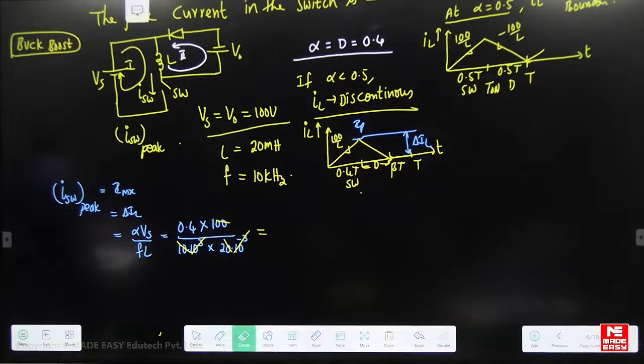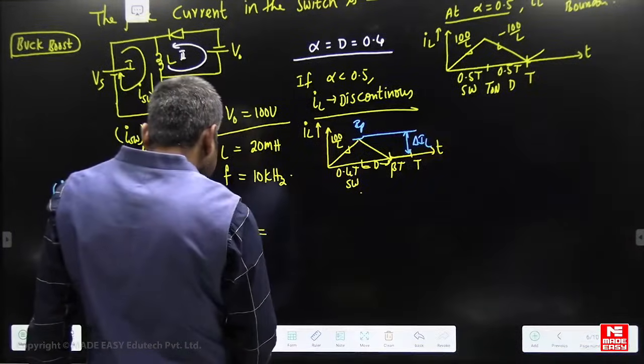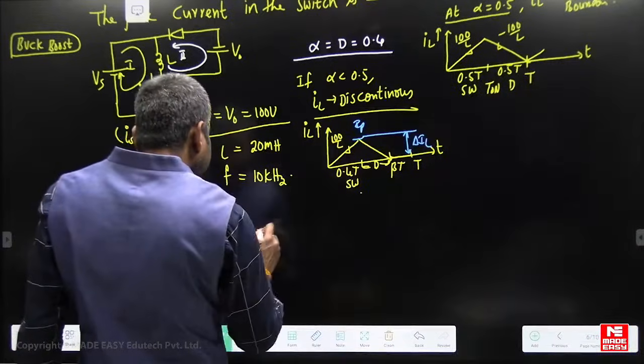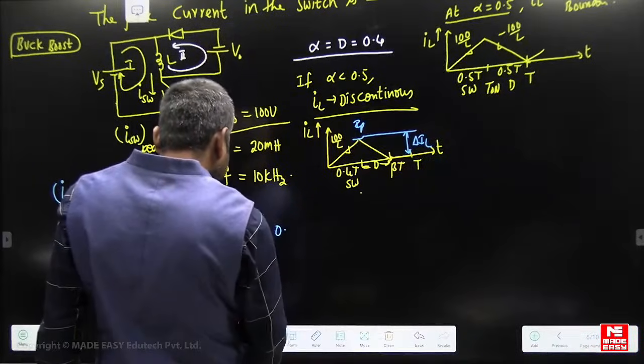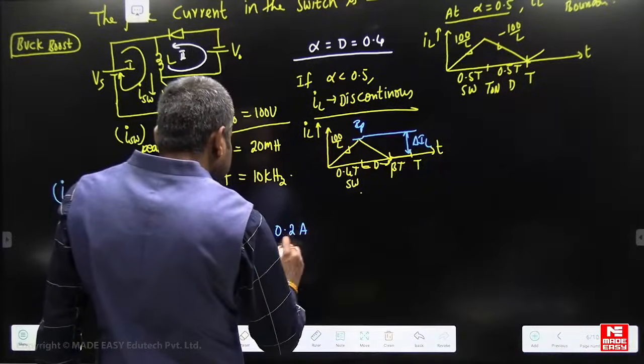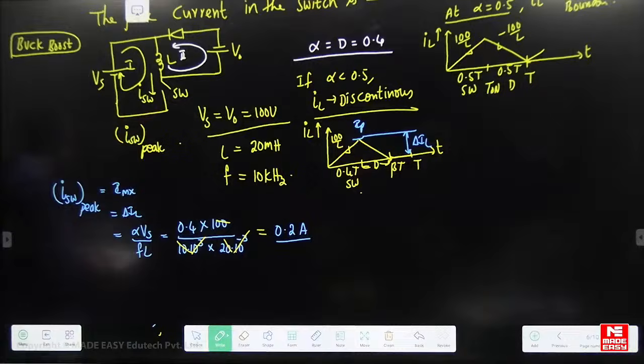Yes, 20. So how much are you getting as the answer? 0.2. Small correction, 0.2 amperes. So that is the peak value of switch current. The peak value of switch current is 0.2 amperes.